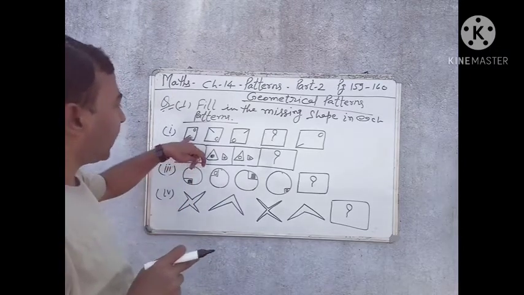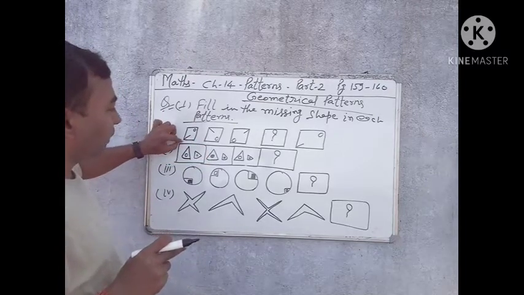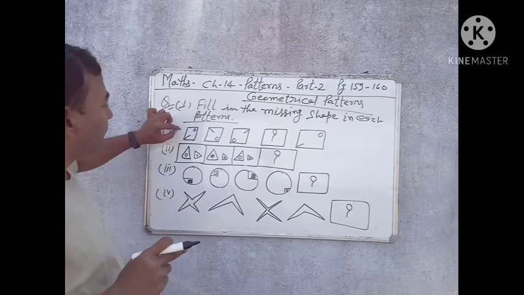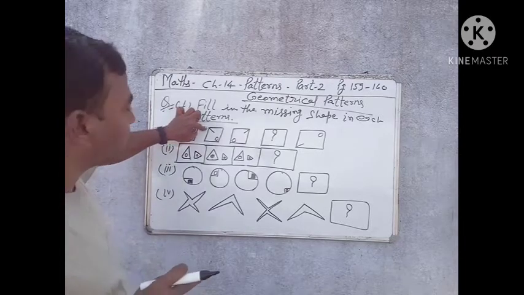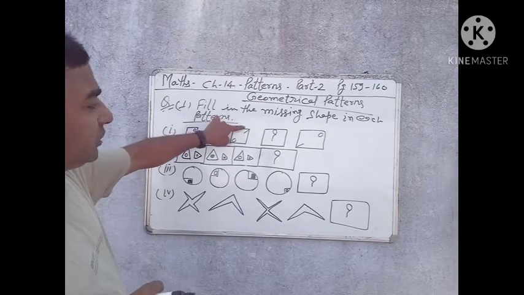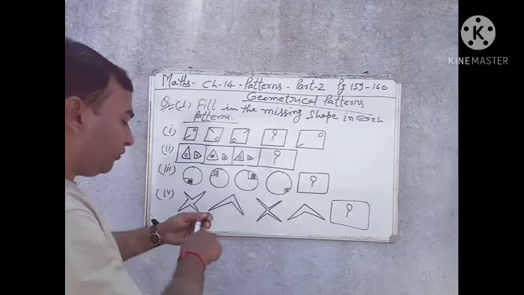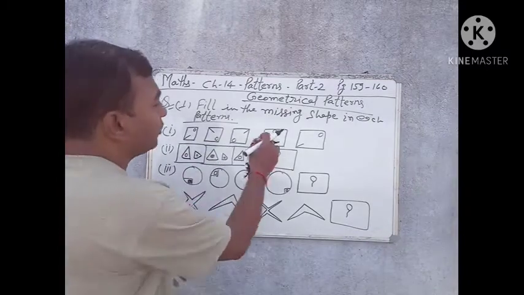The first line in the first figure is a small line in this vertex. In the second figure it moves upward. The next one moves to the right hand side.